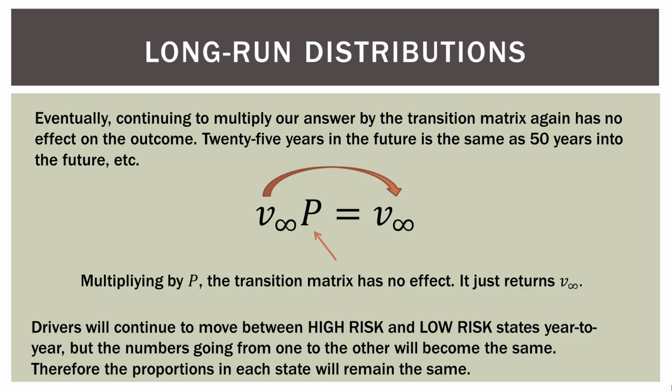So you basically trade drivers between high risk and low risk over the long run, because the probabilities stabilize. Therefore, the proportions in each state will remain the same. And this is a very important thing in Markov chains and other Markov processes that we'll talk about in more depth in the next video.